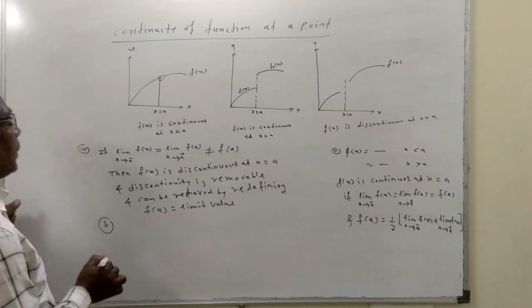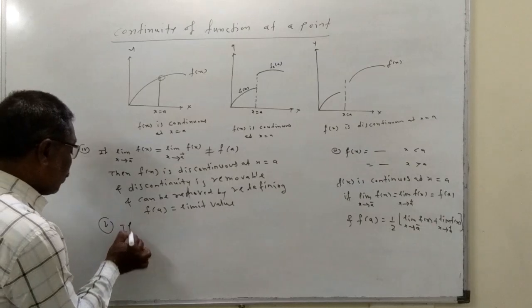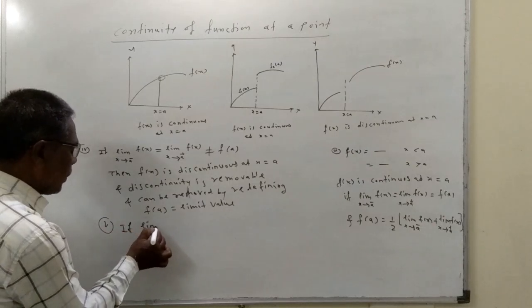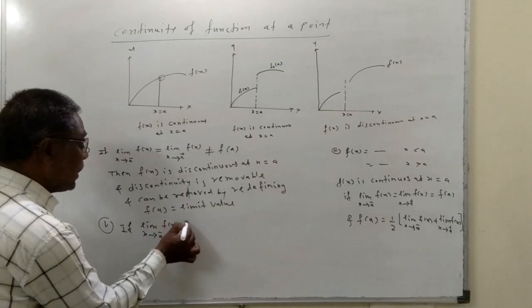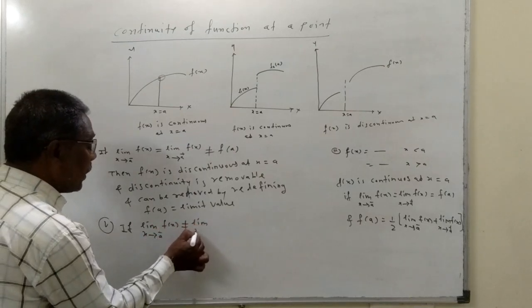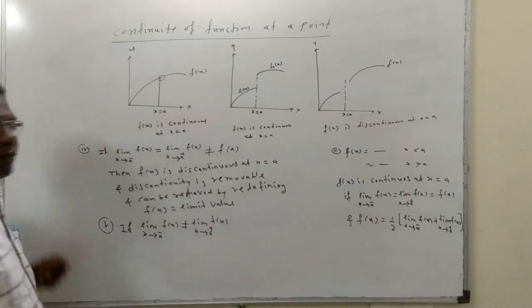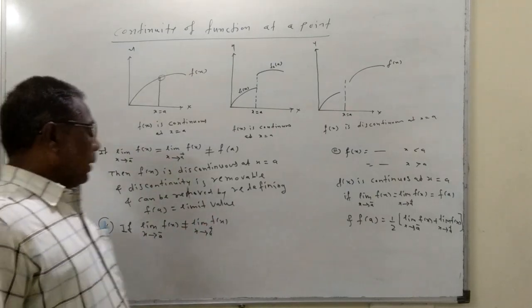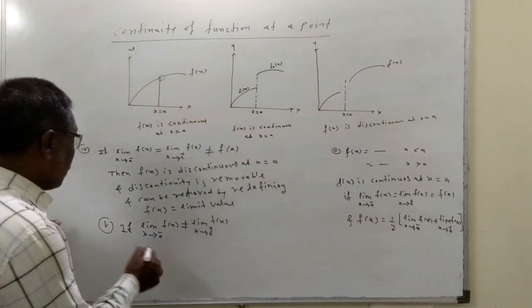The next possibility in the discussion of continuity: suppose the situation is coming like this, limit x tends to a minus f of x is not equal to limit x tends to a plus f of x. That means the left hand limit is not equal to the right hand limit, so it is not essential to find the value of the function.